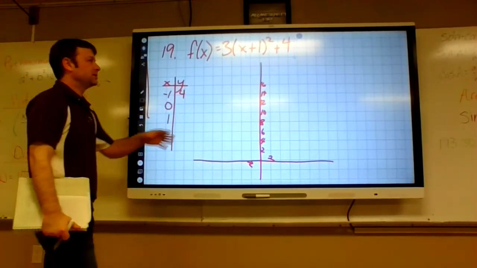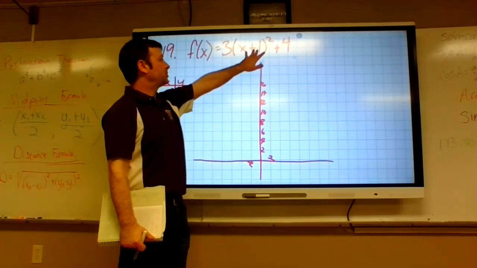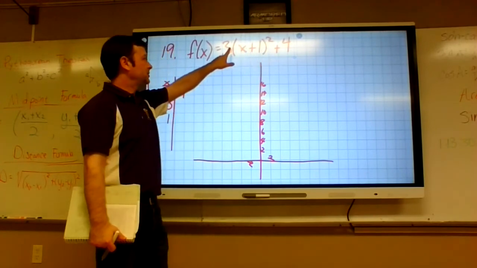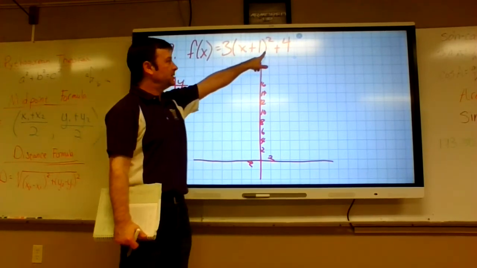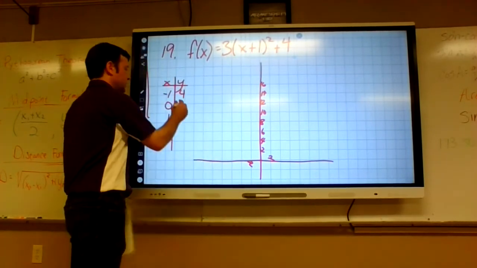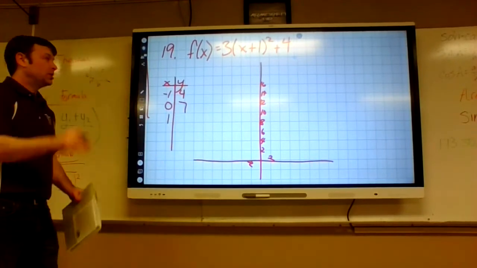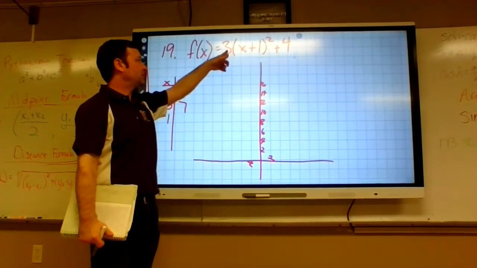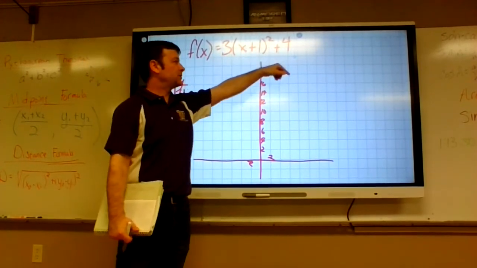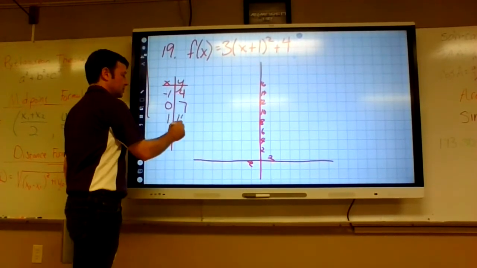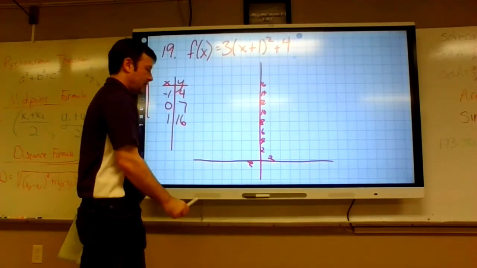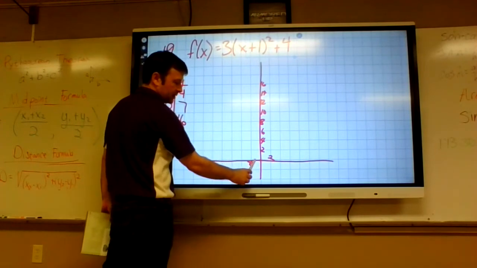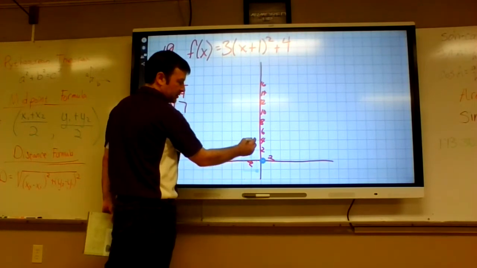Gotta be careful here. 0 plus 1 is 1. Squared is 1. Times 3 is 3, plus 4. 1 plus 1 is 2. Squared is 4. Times 3 is 12, plus 4. So, where is negative 1, 4? Well, if that's negative 2, negative 1 is halfway there. So it's right there.